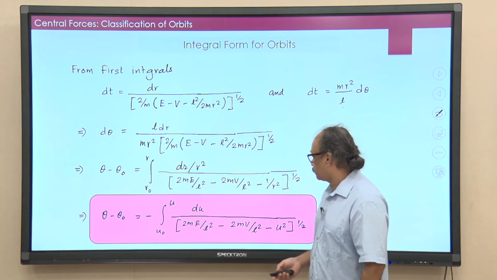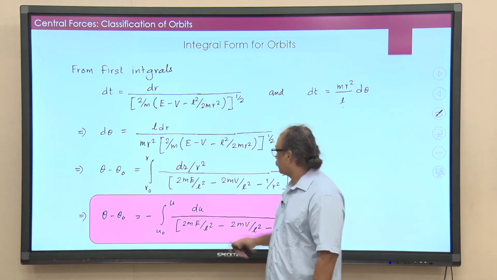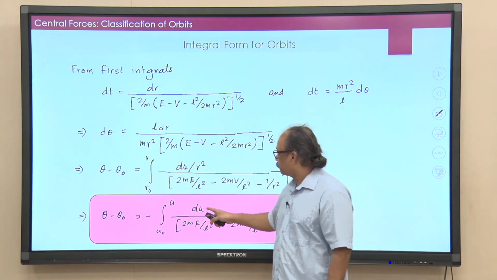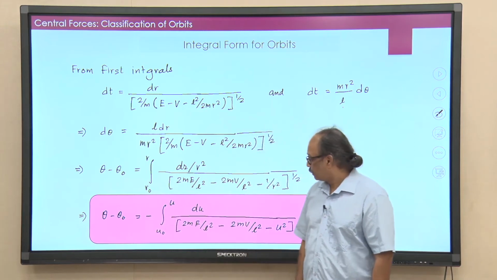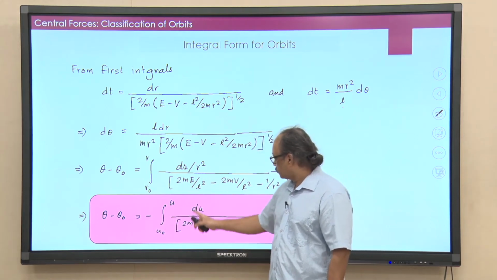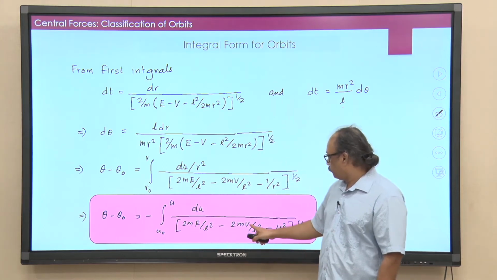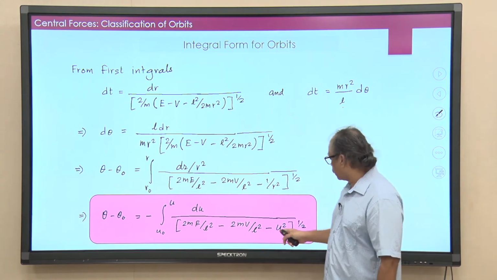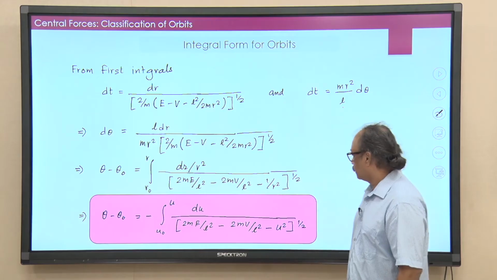So, I get theta minus theta naught, and if I put u is equal to 1 over r, then du of course is dr by r square, but with a minus sign, and in the denominator of course everything here is constant. V of course we will write in terms of u, and there was 1 over r square which becomes u square, and this is the neat integral.